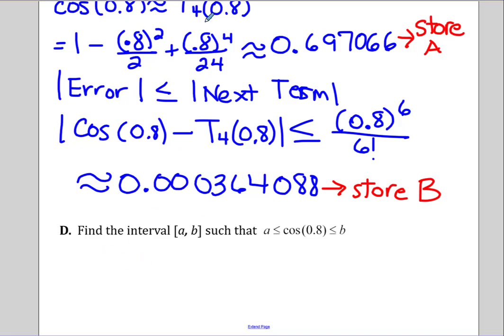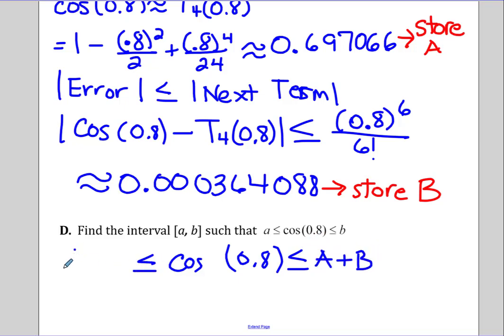If we have the cosine, the actual value is greater than or equal to A minus B, and less than or equal to A plus B.